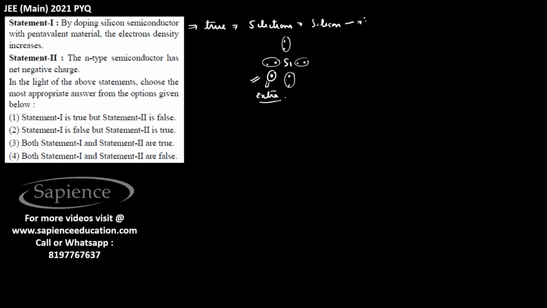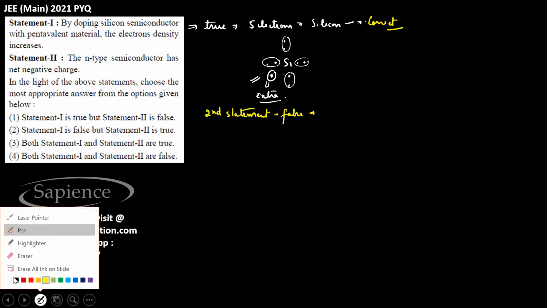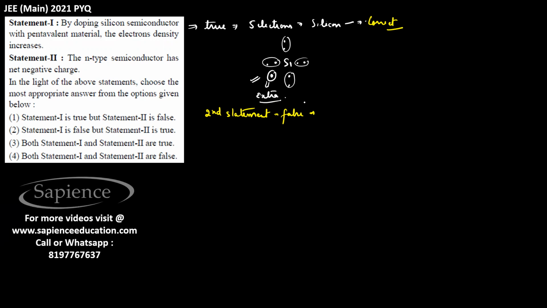The second statement says that the n-type semiconductor has net charge. The second statement is false, because the n-type semiconductor has more electron density than the hole density.